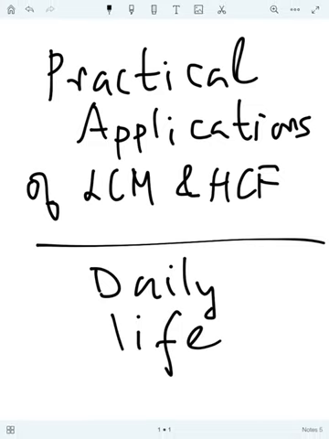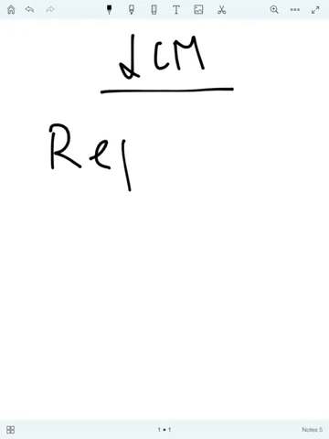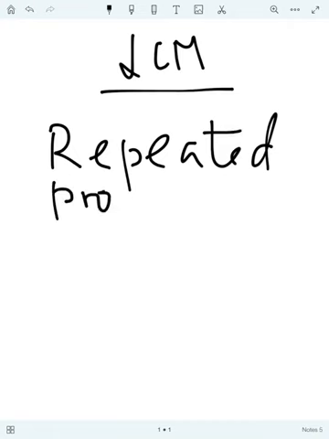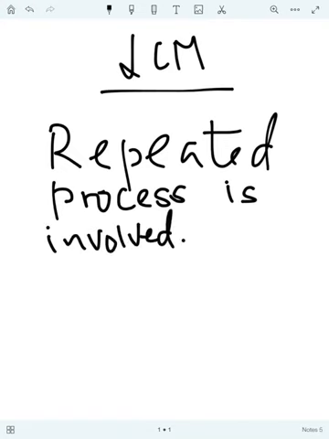So first we will consider LCM. LCM is always applied in practical situations where there is a repeated process involved. If a process is repeated at a certain time period and frequency, then we can apply LCM.